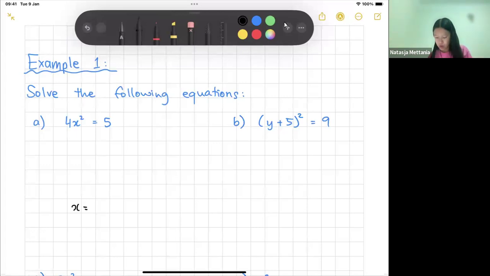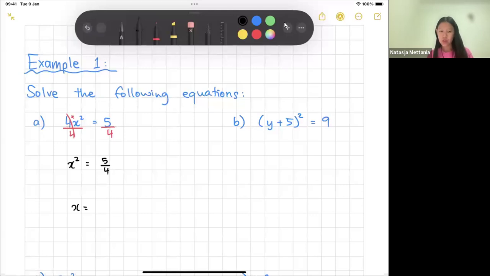To get closer, I need to get rid of that 4. Between 4 and x squared, there's an invisible multiplication. To get rid of that 4, I need to divide by 4 on both sides to make sure it's balanced. 4 divided by 4 gives me 1. I'm now left with x squared on the left-hand side equal to 5 over 4.